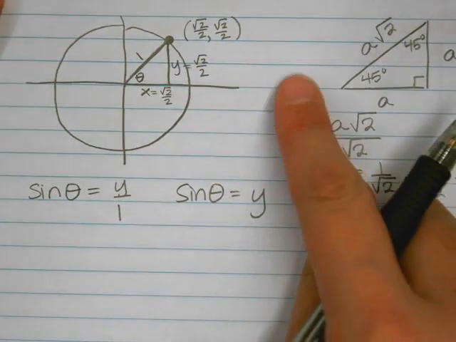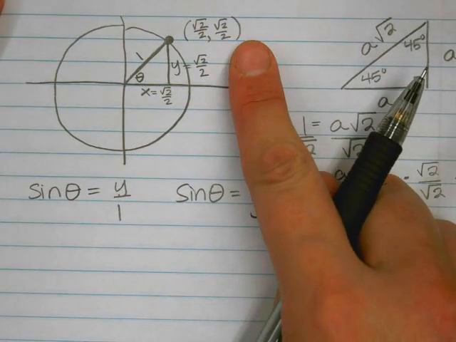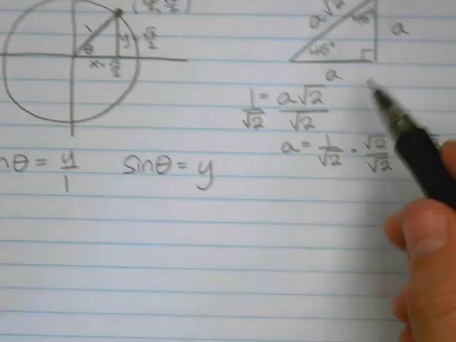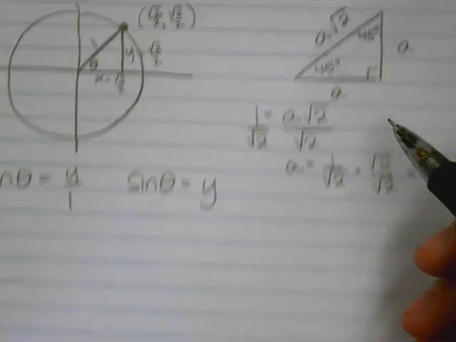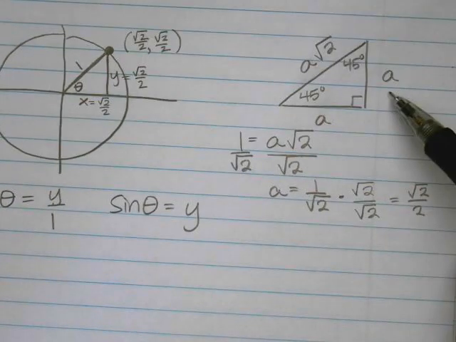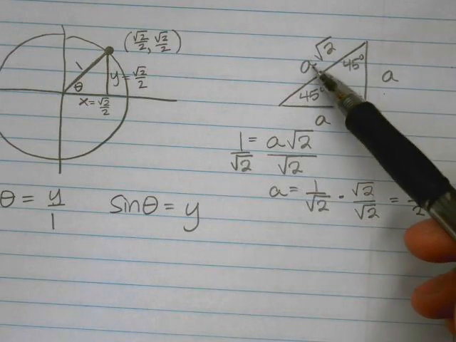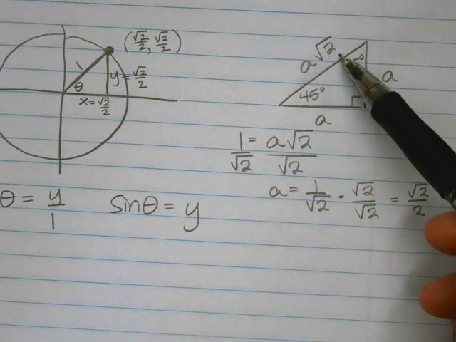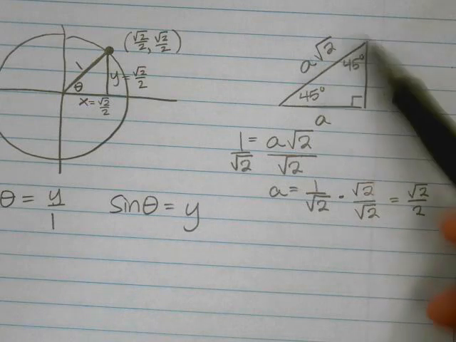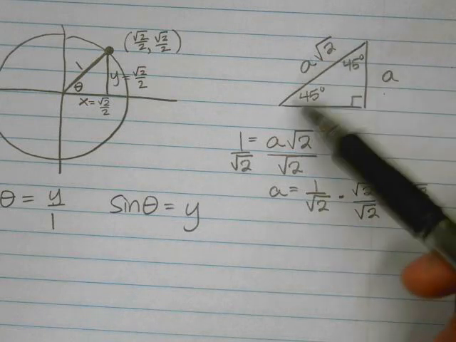So this is a ratio of two sides of a triangle. Now the two sides of the triangle we could say are 1 over root 2 divided by, what is that, 1 over root 2 times root 2. That would be 1. That's your unit, your hypotenuse of 1 right there.